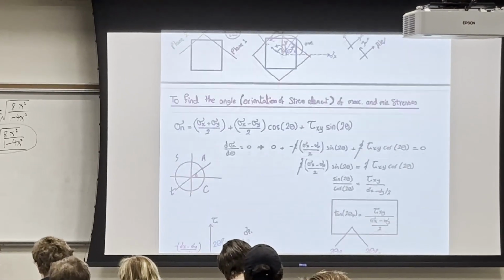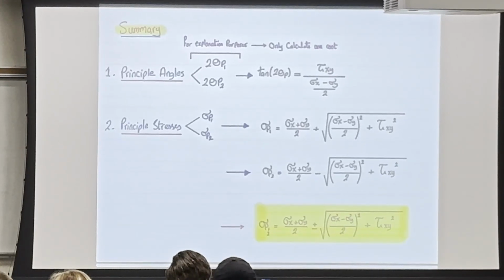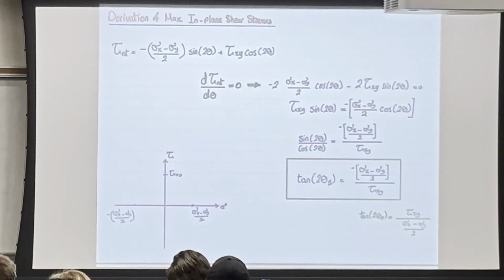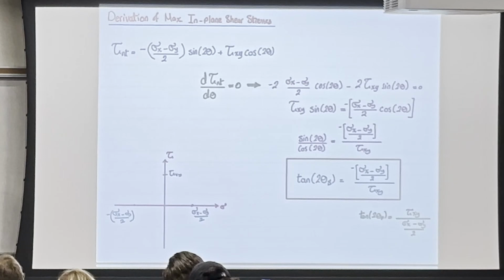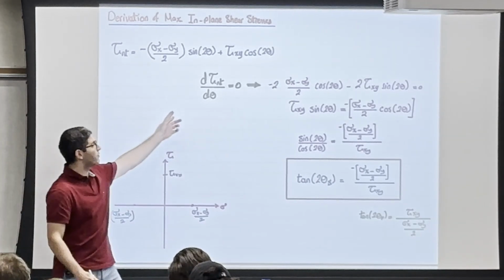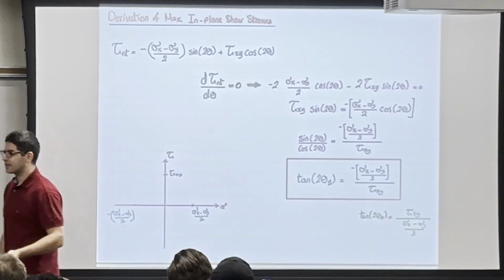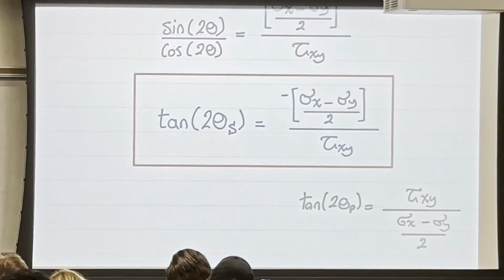That's the whole purpose. OK, what we did now was for the normal stresses. Same thing for the shear. So again, I do have the shear equation. And if I want to find the maximum shear or the angle that will give you the maximum shear, what should I do? Take a derivative again. And if you took a derivative, you're going to find that the tan 2 theta, but I'm going to call it S here.